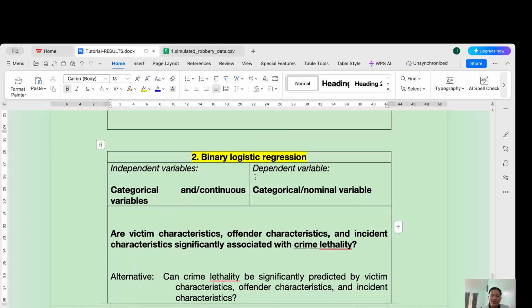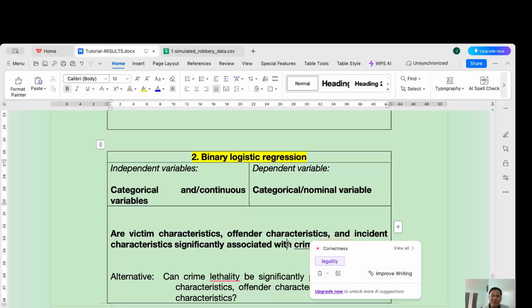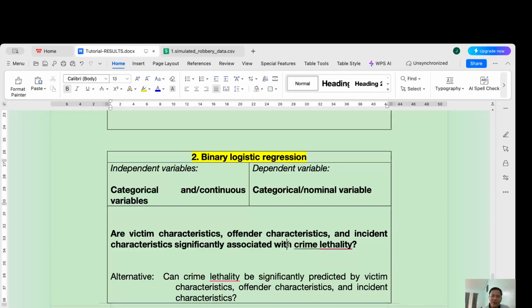For binary logistic regression, we are interested in associating the dependent variable, which is categorical or nominal in nature, to several independent variables. For this demonstration, we use crime lethality as our dependent variable because it is measured as whether the victim was harmed or not harmed during the robbery incident.